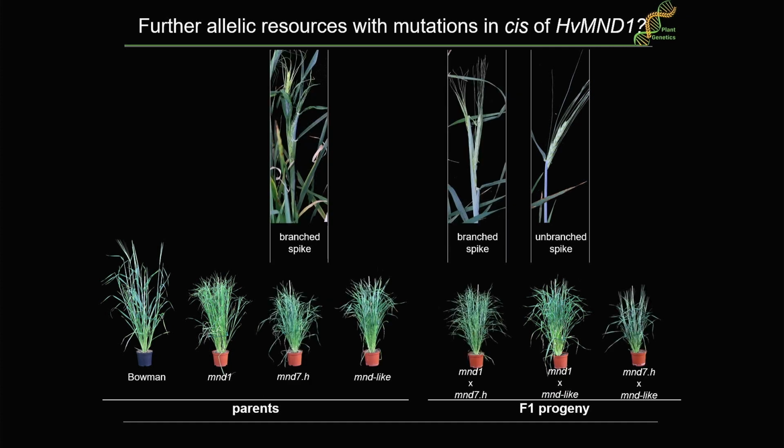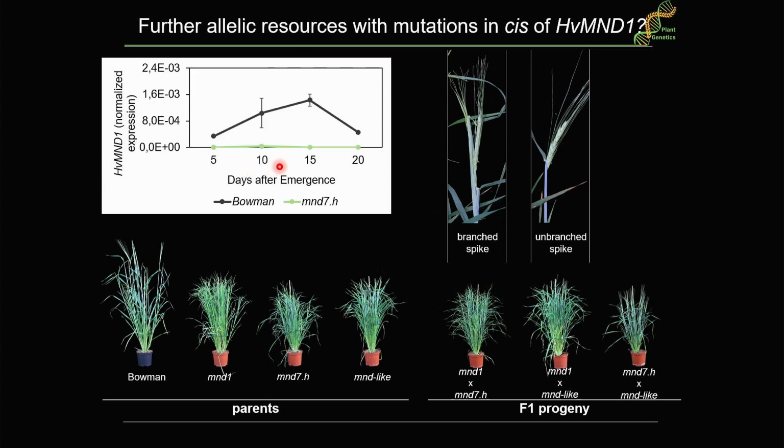We further looked at the other MND mutants, and we found another one called MND7H, which also shows this branch phenotype. And we crossed it with the other MND mutants and found that also here no complementation was taking place. And if we have a combination of MND1 and MND7, so the new one, we see the phenotype of MND1 again. So what does this mean?